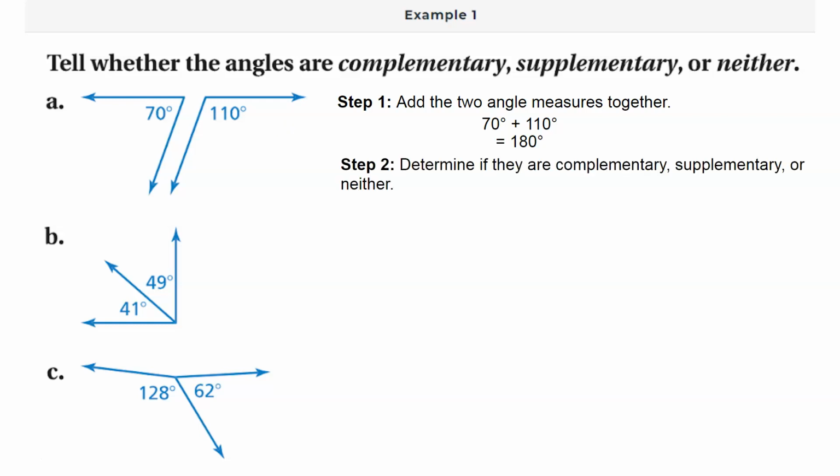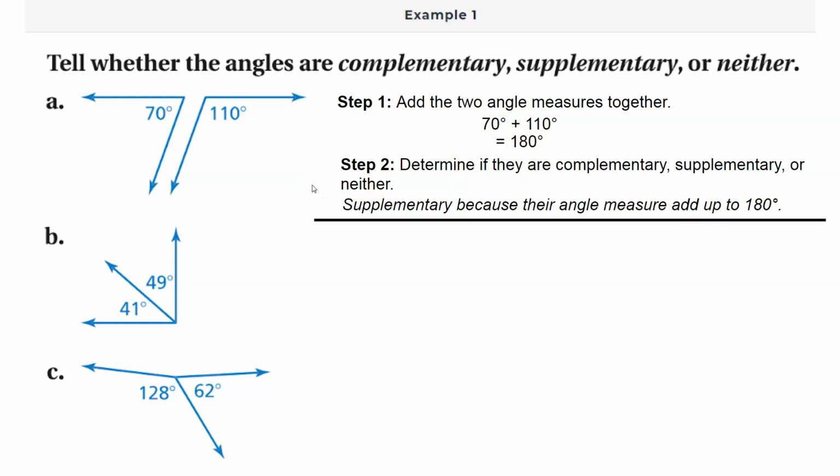Step 2 is then to determine if they are complementary, supplementary, or neither based on the definitions of these words. So please look back at the previous definitions. And I hope you said that these are supplementary because their angle measures add up to 180 degrees exactly.